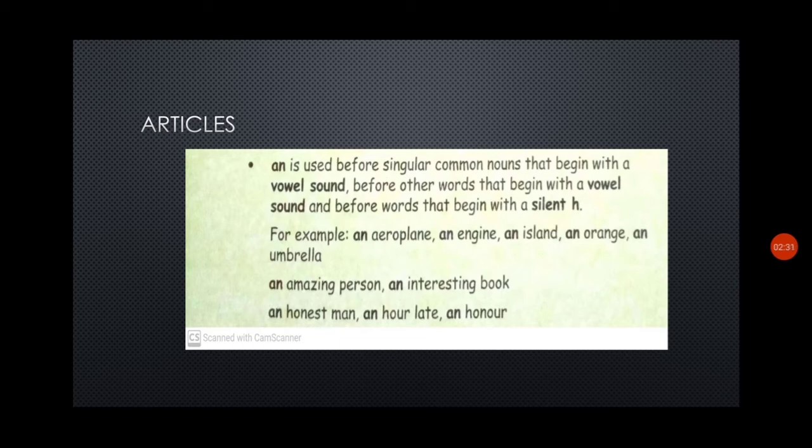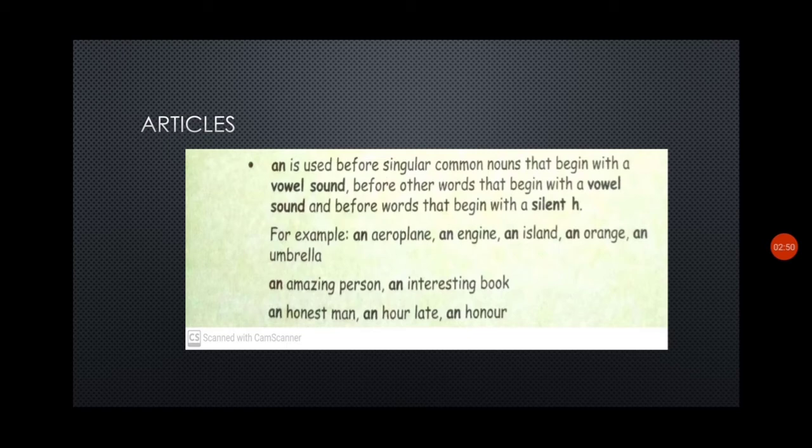That is, before short forms, for example, an MA or an MLA, an MP, an SP. So, before these abbreviations, we always use an.